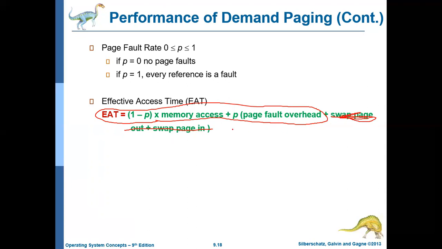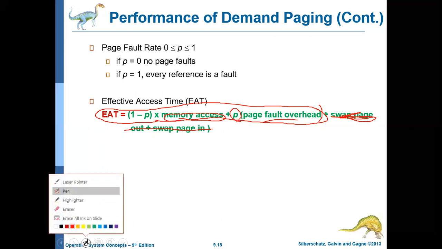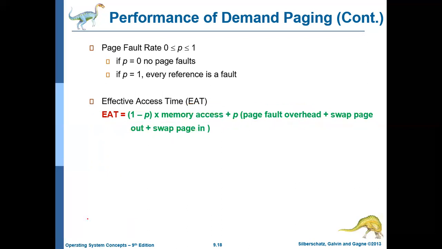If you neglect this part, then the formula reduces like this: effective access time equals (1 minus p) into memory access time when there is no page fault, plus p into page fault overhead. With this assumption, let us try to calculate the performance of demand paging.